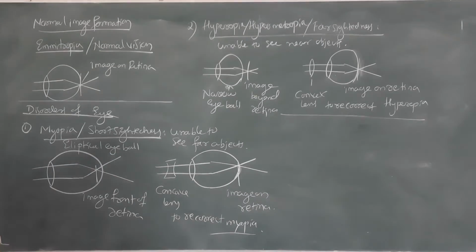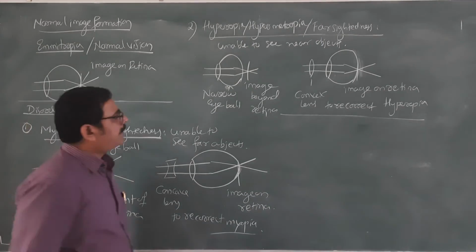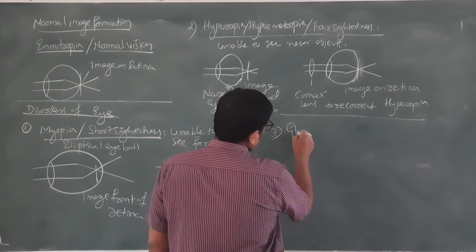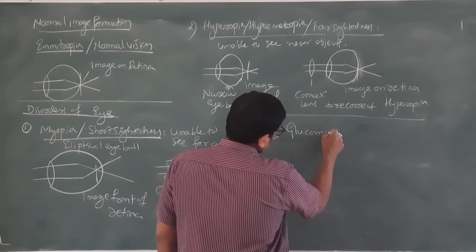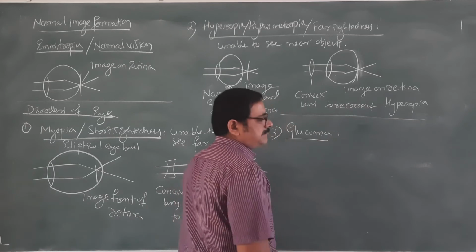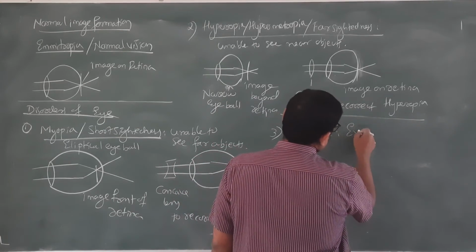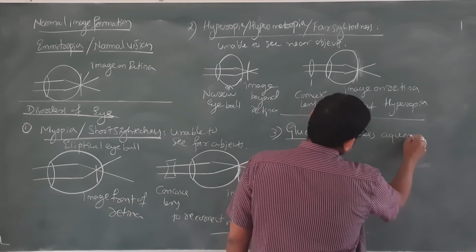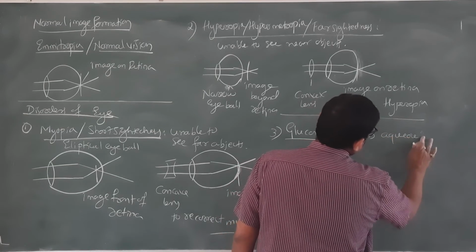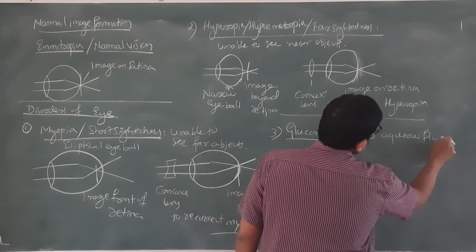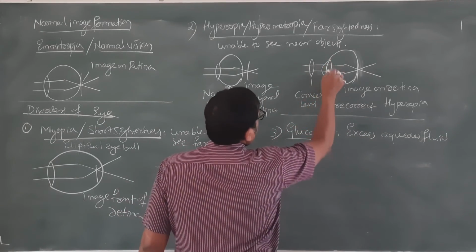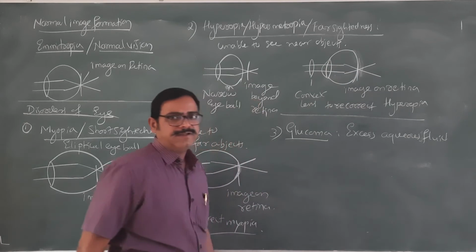Then there is one more disorder, number 3, glaucoma. Glaucoma is mainly excess aqueous fluid. Where is the aqueous fluid located? In the aqueous chamber, in front, here the aqueous fluid is present.